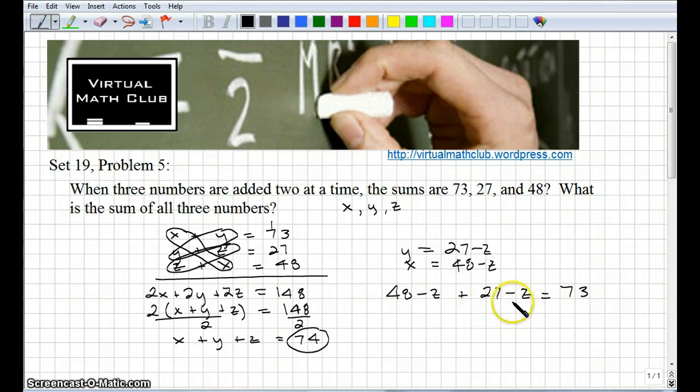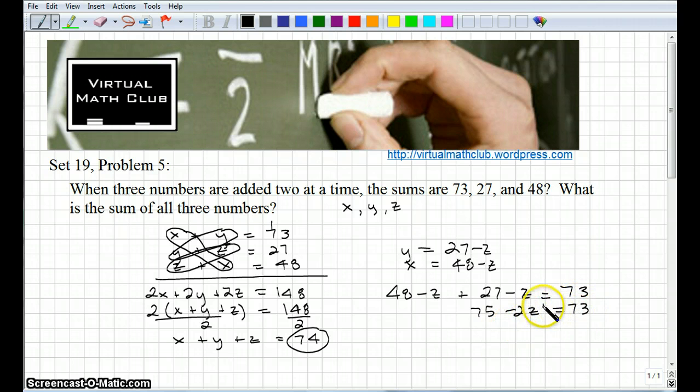And now we've got everything in terms of one variable. So we have a negative 2z, right? Because we have a negative z here, and 48 plus 27 is 75. So we have 75 minus 2z is equal to 73.